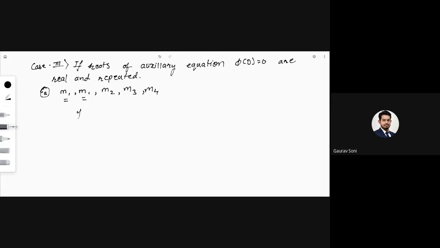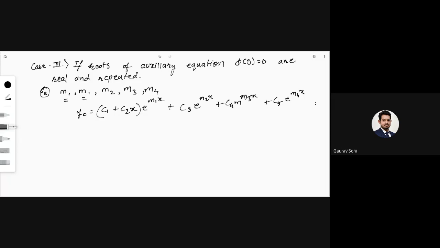So in that case, Yc will be equal to C1 plus C2 x e to the power m1x plus C3 e to the power m2x plus C4 e to the power m3x plus C5 e to the power m4x.